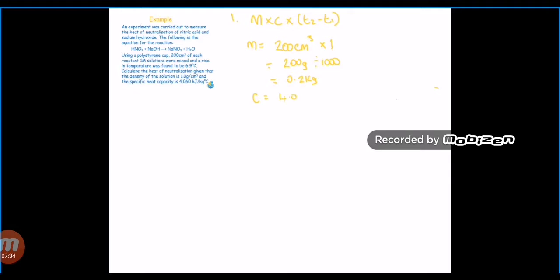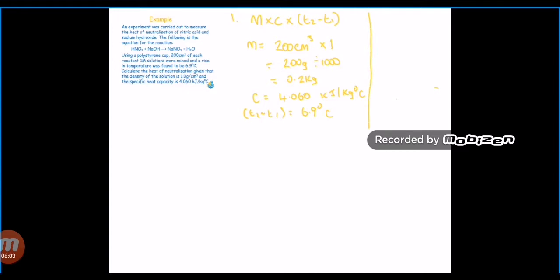The next thing we want to do is C, which is our specific heat capacity, which is 4.060 kilojoules per kilogram degrees Celsius. And then we get our temperature change, so T2 minus T1, that is equal to 6.9 degrees Celsius. So step 2 is to fill into the formula.